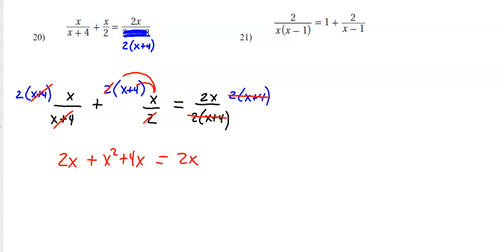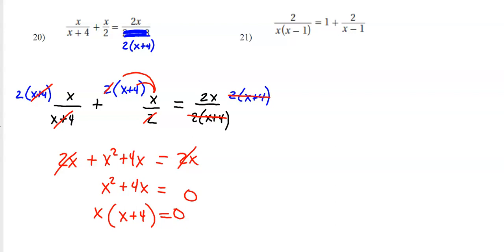If you do not clear out all fractions in the first step, something went wrong. Let's set it equal to 0. When I minus 2x from this side, I just end up with x squared plus 4x, because these end up canceling off. The way I factor this is I yank an x out. Greatest common factor was x.